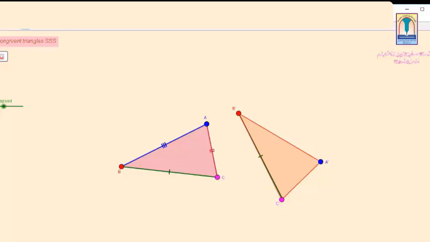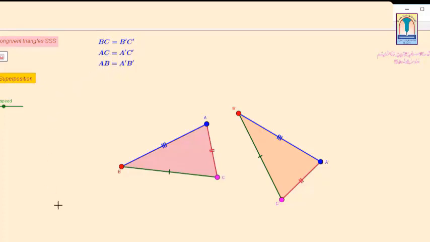Now we will move to the next one. We have side AC equal to side A'C', and side AB equal to side A'B'. Now we have 3 equal sides between these two triangles.